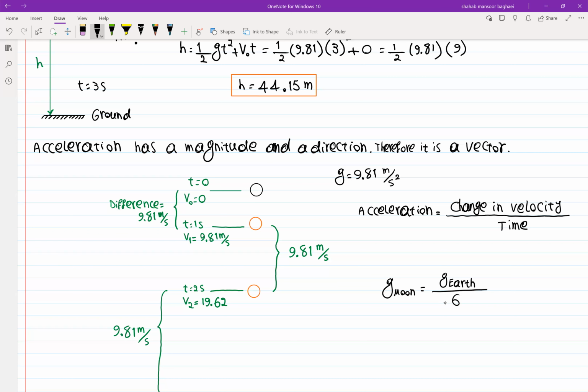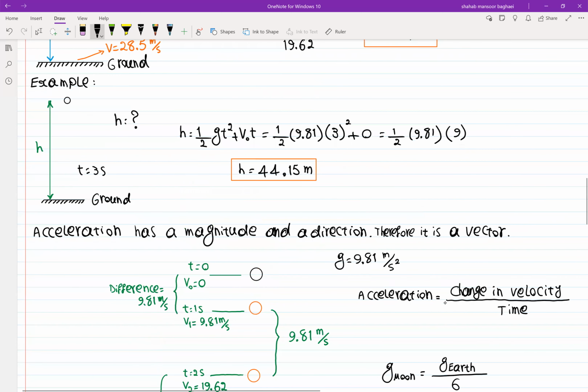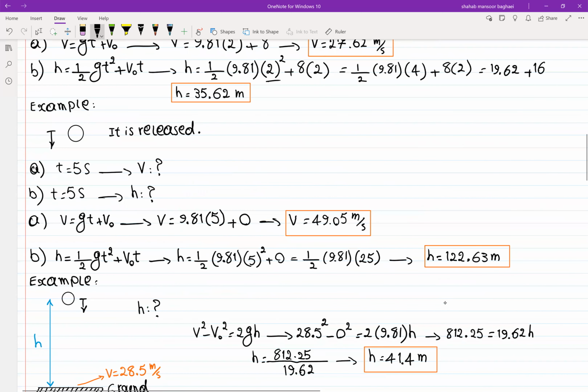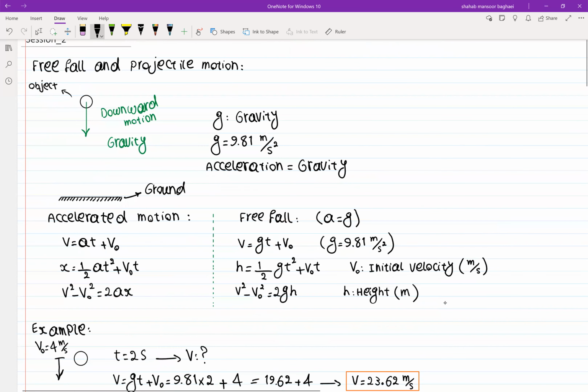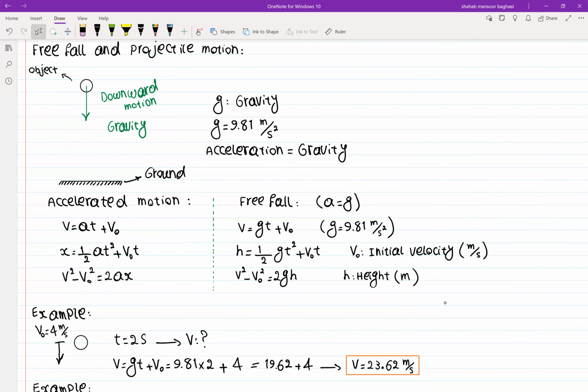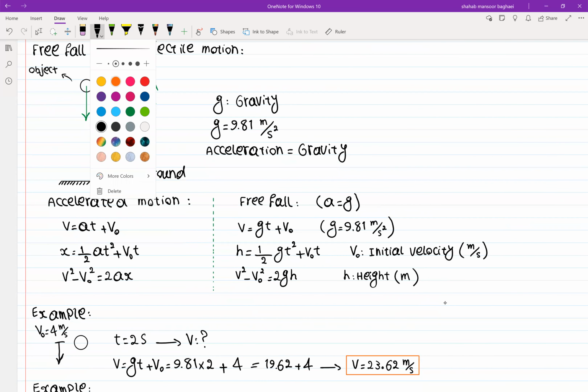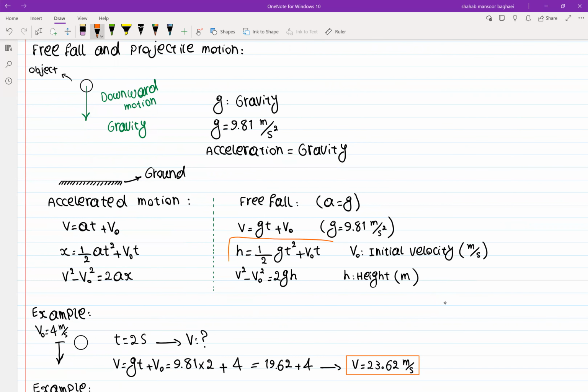Because the gravity is 9.81 and the height is 2 meters, based on the equation of height, let me show it to you, this one, you can estimate the time of falling. It's possible.